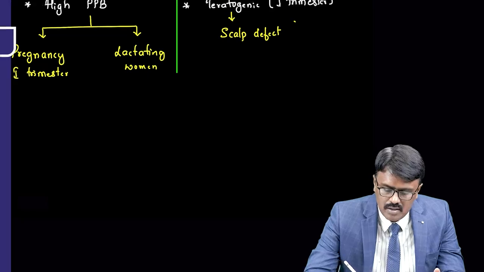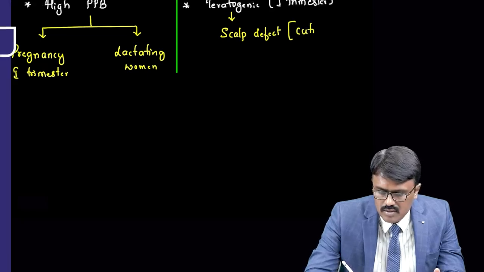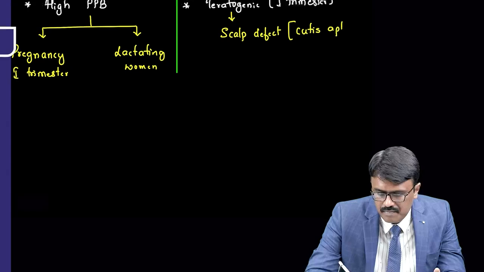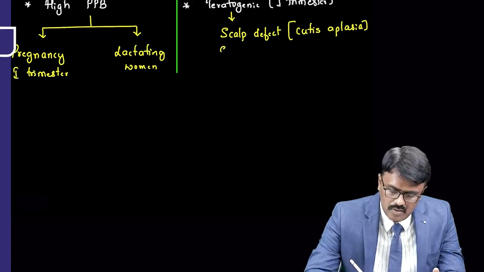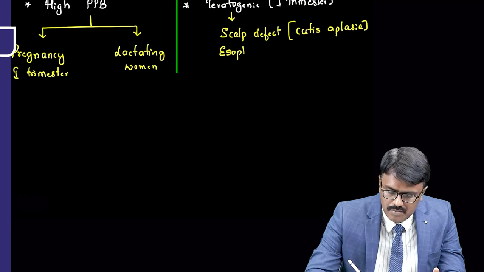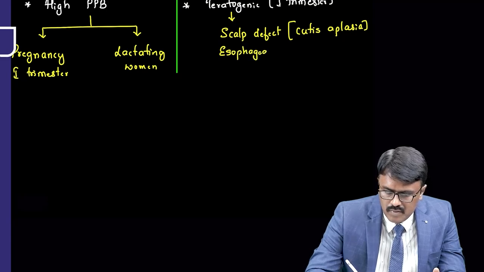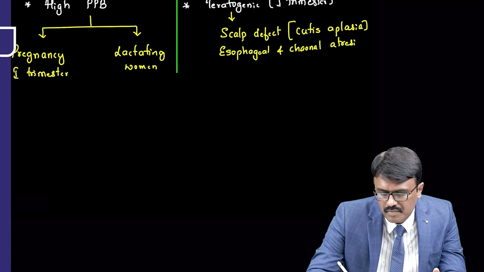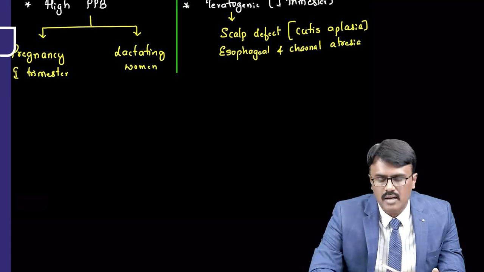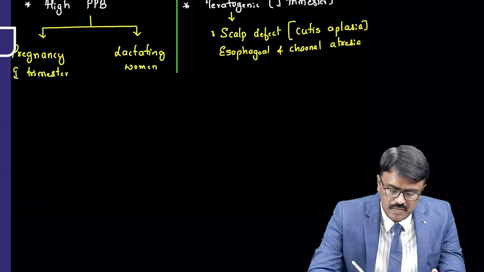Scalp defect is also called cutis aplasia. And they also produce esophageal and choanal atresia. Choanal as well as esophageal atresia.